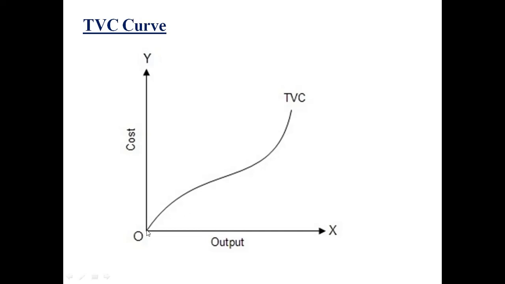TVC originates from this point O, that is, it starts from the origin. And it is concave downward toward the level of output. It indicates that your TVC is increasing but at a decreasing rate. Your TVC is increasing, however, but it is now going flat, isn't it? It's not completely flat, but it's in a kind of slanting position out here. It is slanted.